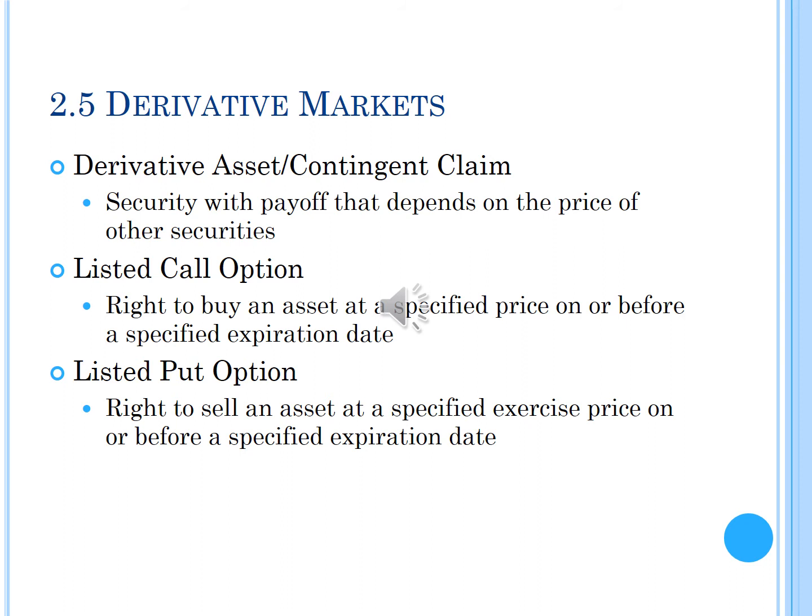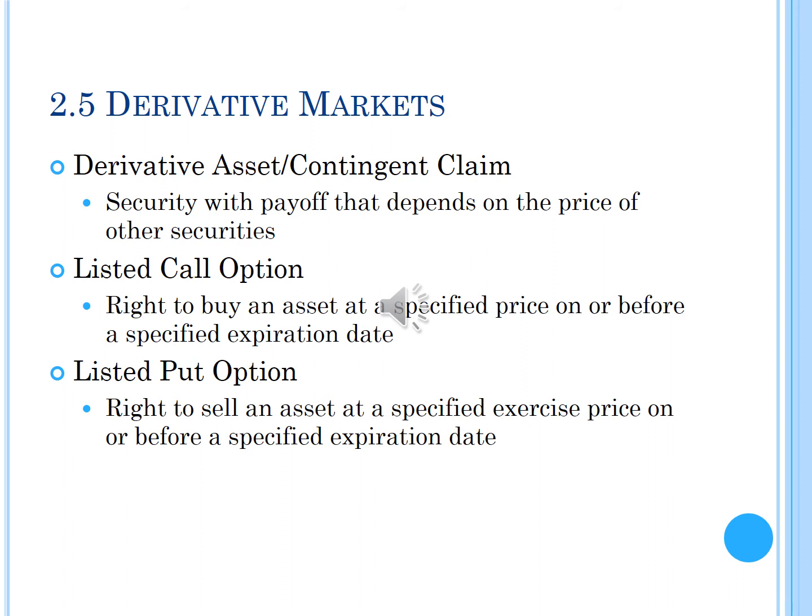So regardless of what Apple's price at that time, it may even have gotten up to, let's say, $370, $380, then the call option holder would exercise that call or that option and would make a profit from the price difference. Okay? So when the market price exceeds the exercise price, the option holder may call away the asset for the exercise price and reap a benefit equal to the difference between the stock price and the exercise price.